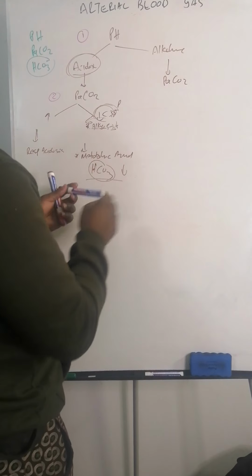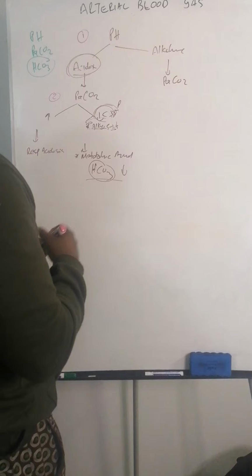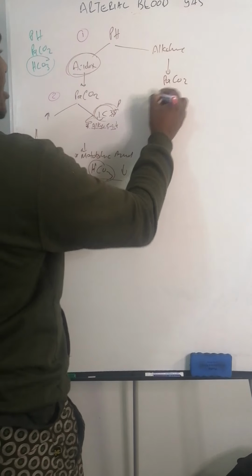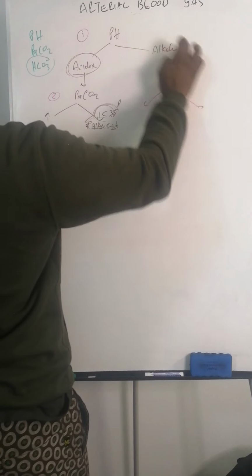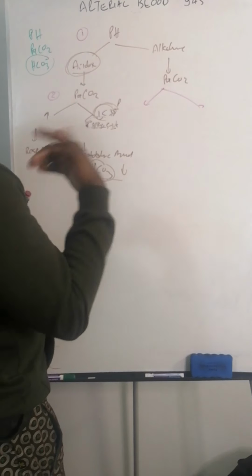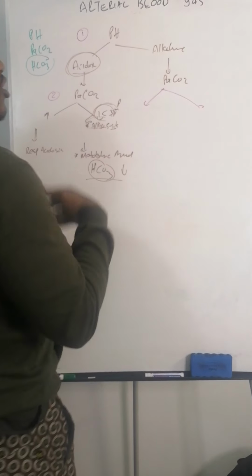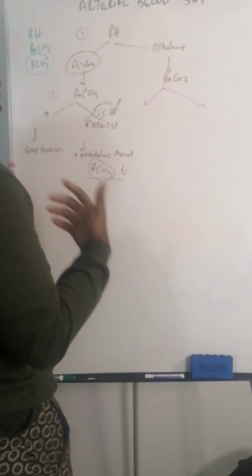On this other side, you've got an alkaline pH. Then step 2, look at the partial pressure of CO2. What is it doing?